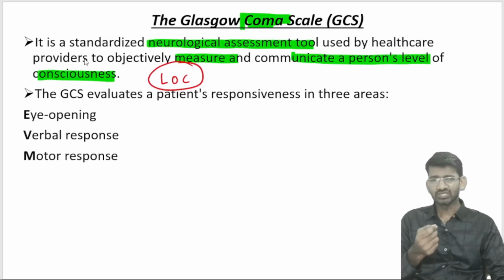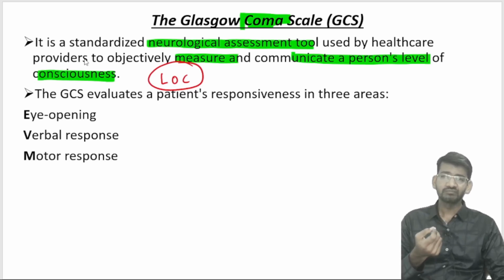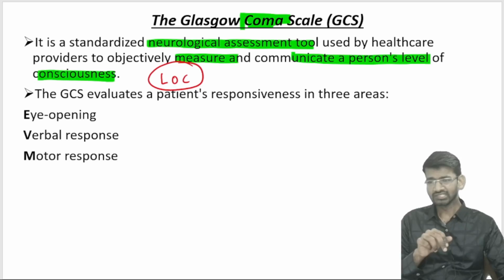You may get a question in the exams, like what is the major objective of the Glasgow Coma Scale? See, it is not being done for neurological examination. Remember, this is not a tool for neurological examination.